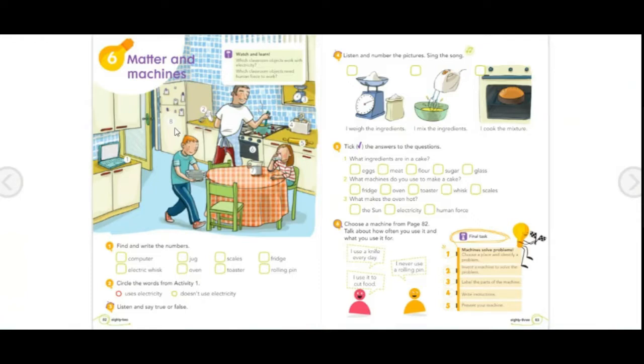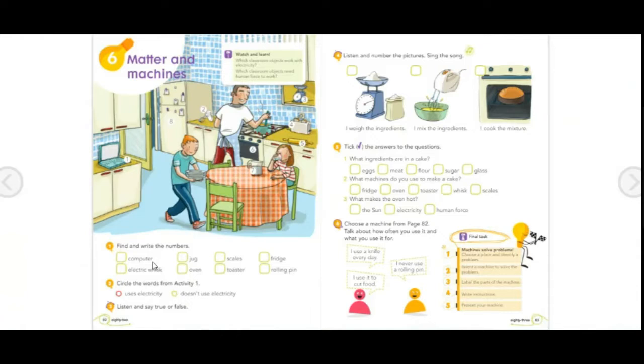Okay, activity number 2. The instructions say, circle the words from activity 1. So we have to circle this one. You can circle everything or only the word, up to you. We have to circle in red if the object uses electricity, or in green if the object doesn't use electricity.